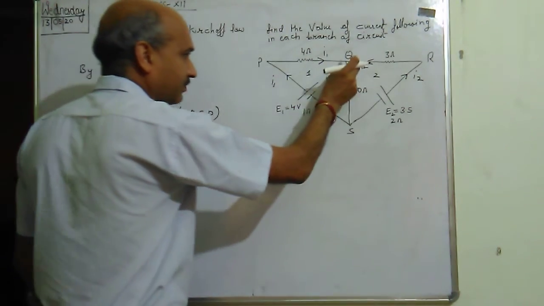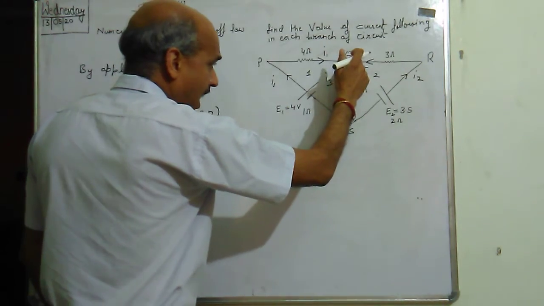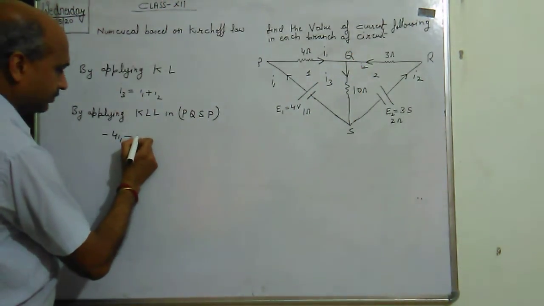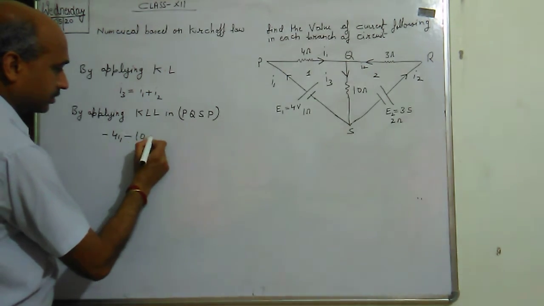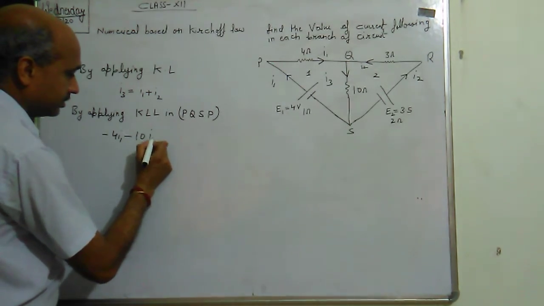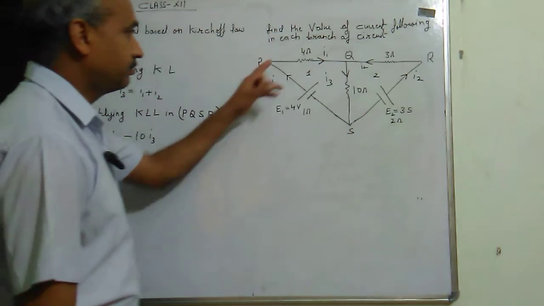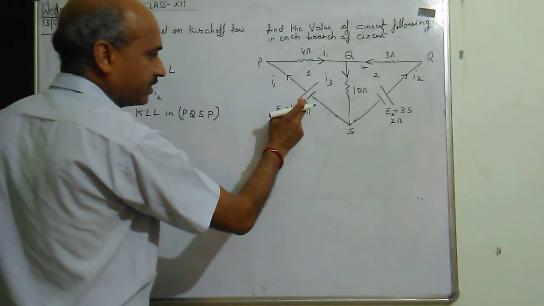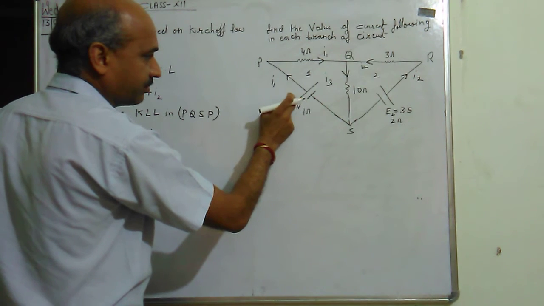So minus R1. We come to this point. यहाँ पर आएंगे. Again we are moving in the direction of current, so again minus 10I3. Now when we move this side, we are moving from negative to positive, negative से positive जा रहे हैं.